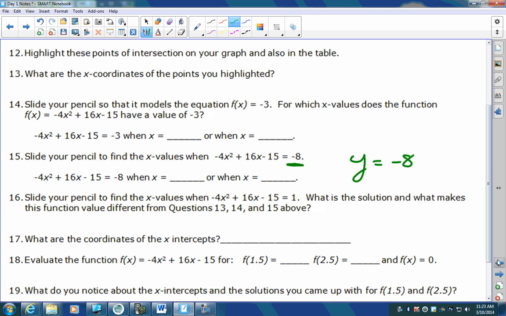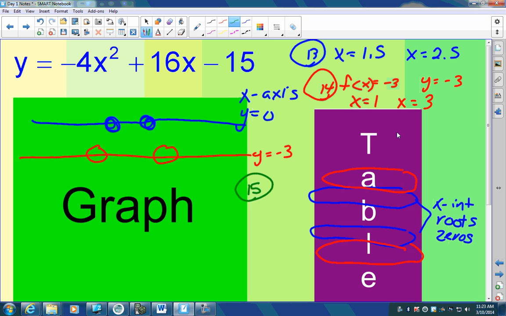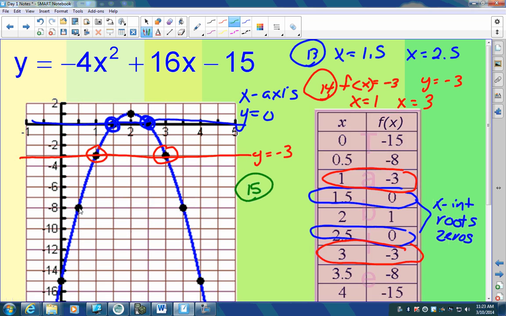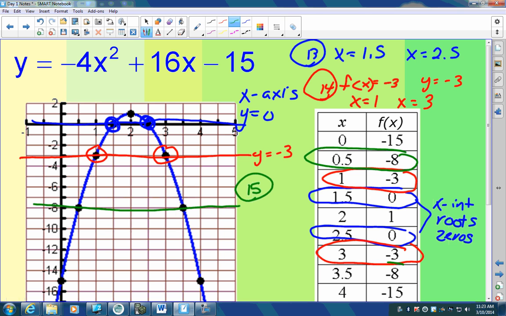So now you're going to go back over to your graph, and you're going to go to where y equals -8, and we're going to draw our line. We also can find it in our tables right here. X equals 0.5, x equals 3.5. On those dots right there.